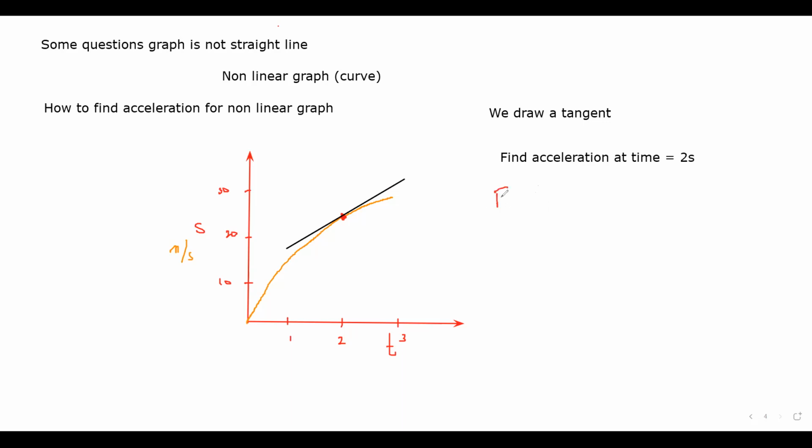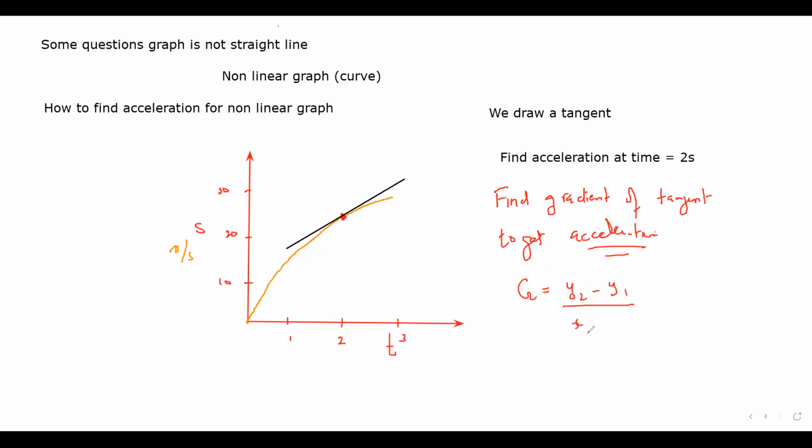You have to find the gradient of a tangent to get acceleration. And what is the formula for gradient? In mathematics, you will study this formula. The formula for finding a gradient is y2 minus y1 divided by x2 minus x1.